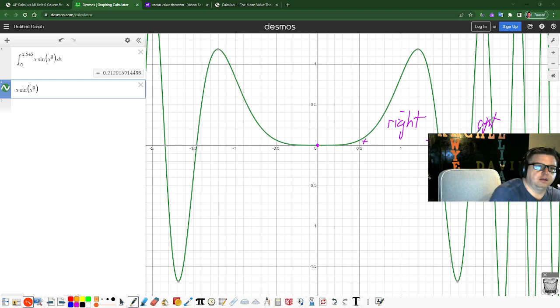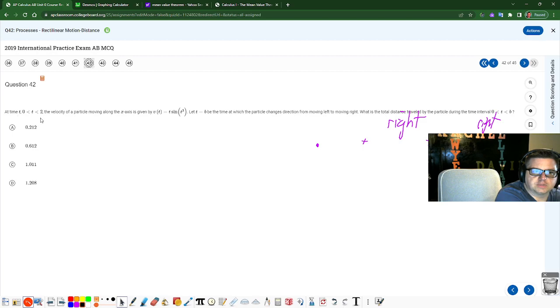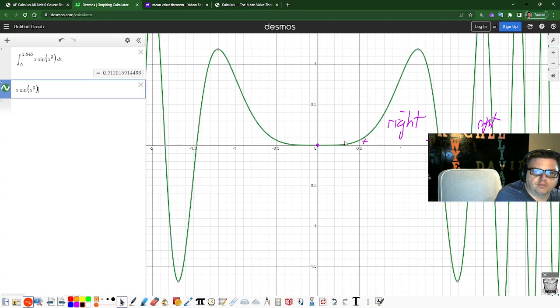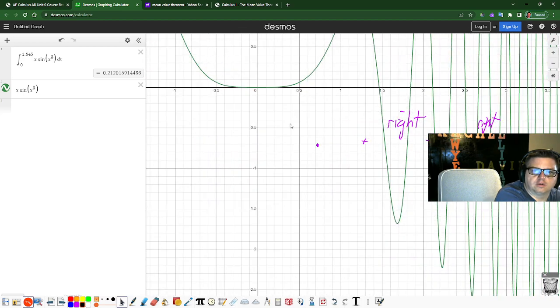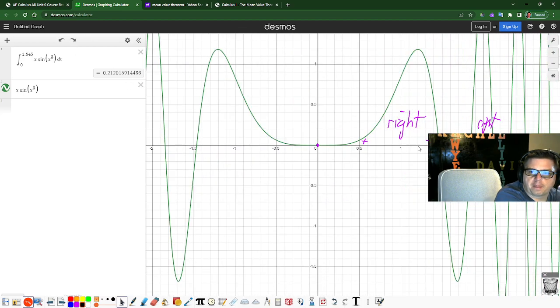So in our problem, it said from 0 to 2, the velocity of the particle is moving this. So we just know that this is the shape from 0 to 2. So our window really is from 0 to 2. So our only focus is from 0 to 2.